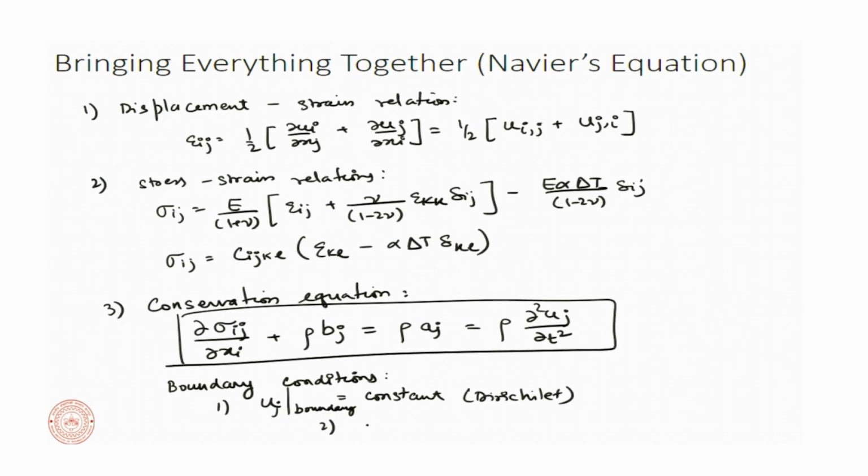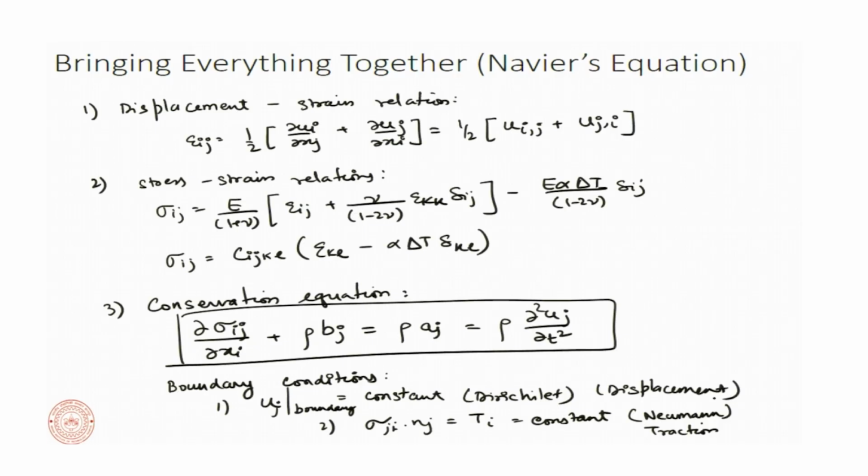And the second one is that sigma ji dot nj, which is our traction vector T of i, is a constant. So, we know the traction or the force on the surface. This is very close to a Neumann type boundary condition. It might not be an exact Neumann condition, but it is close. This is called the traction boundary condition, and the other is a displacement boundary condition.